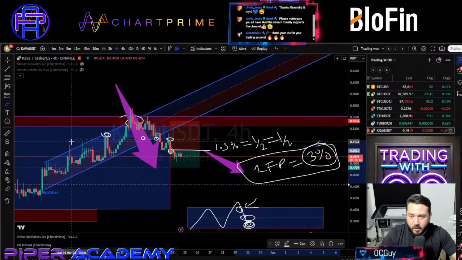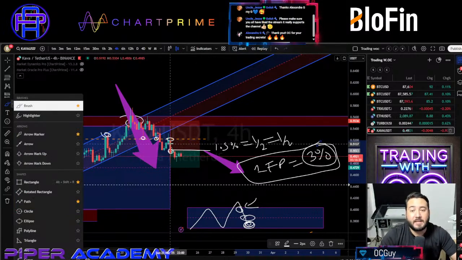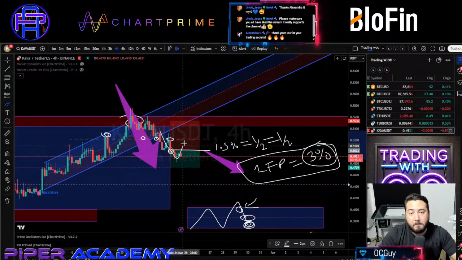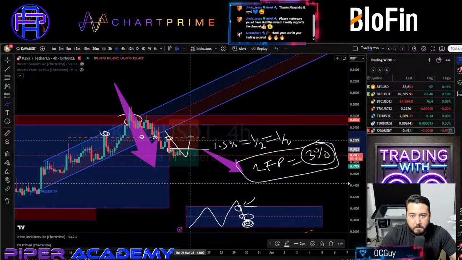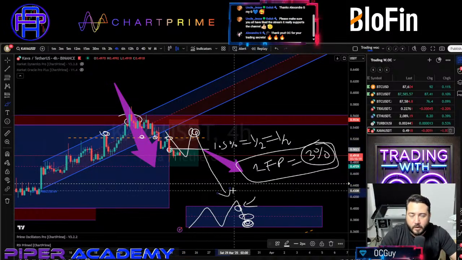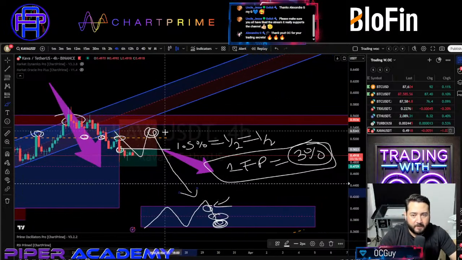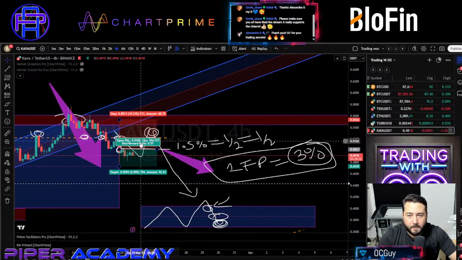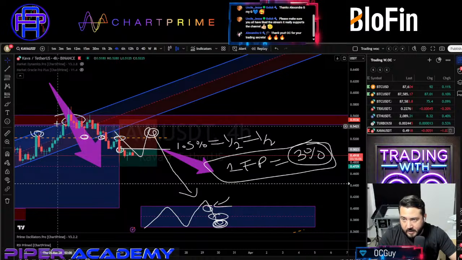So, for example, I know I have this resistance, or maybe I could be expecting a breakout and retest, and then somewhere around these areas, we're going all the way back down to my red entry. If I'm expecting this, I can set up my second part of my entry. Again, guys, this is important.